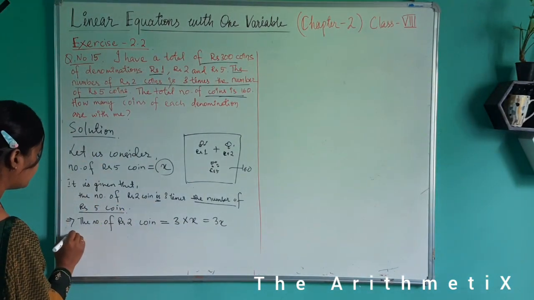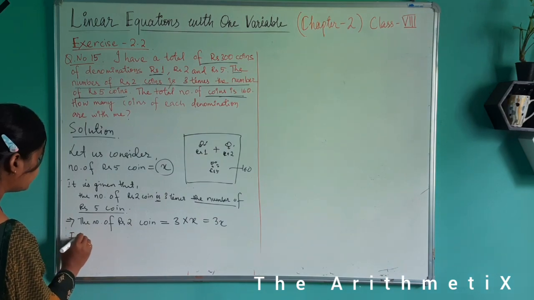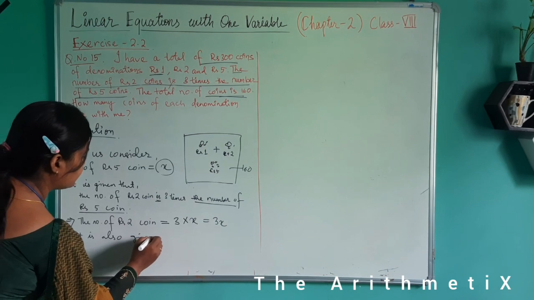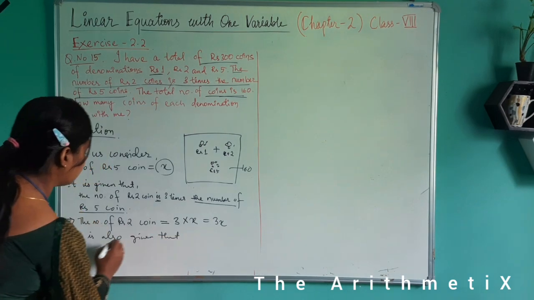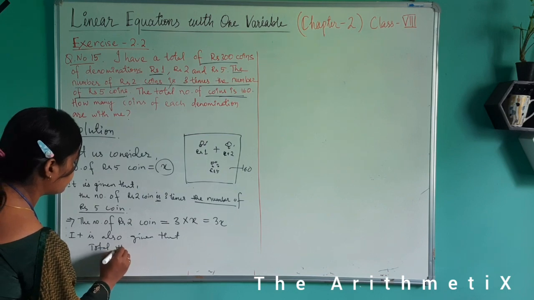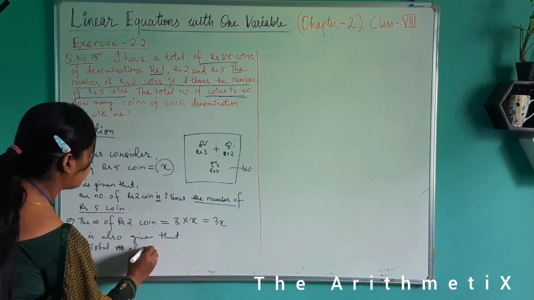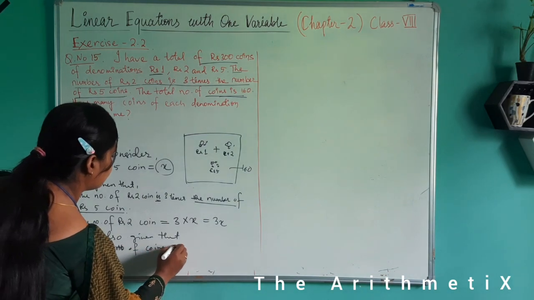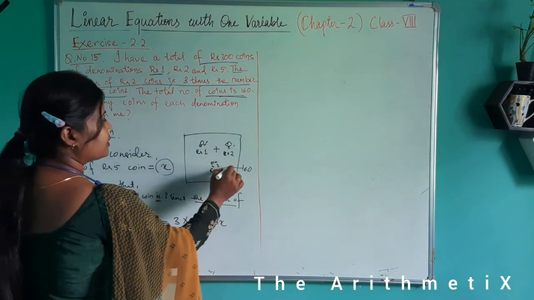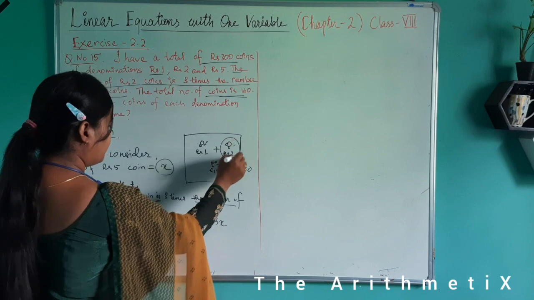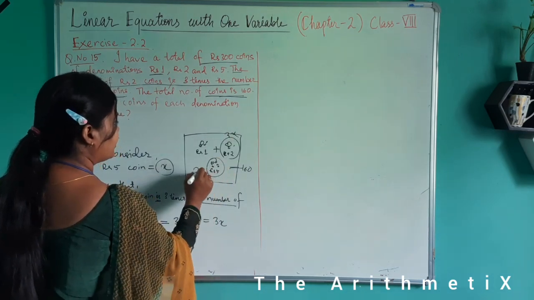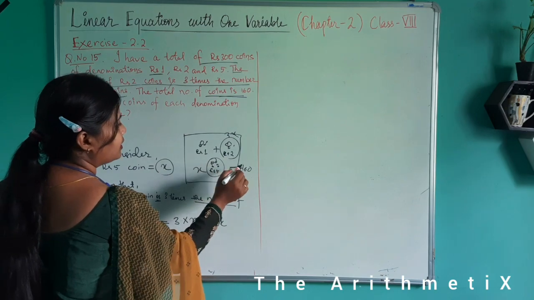It is also given that the total number of coins is 160. All these add up to 160. 2 rupee coins are 3x and 5 rupee coins are x, and the total is 160.